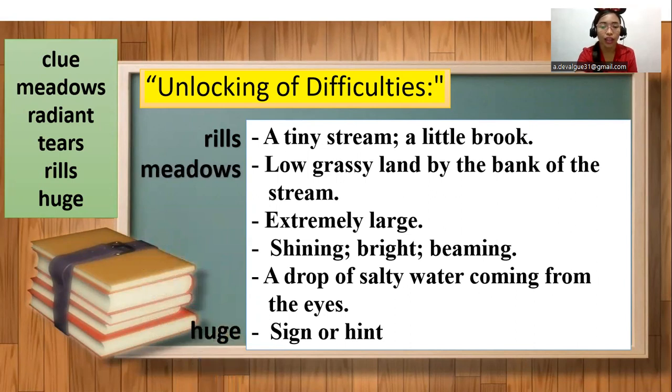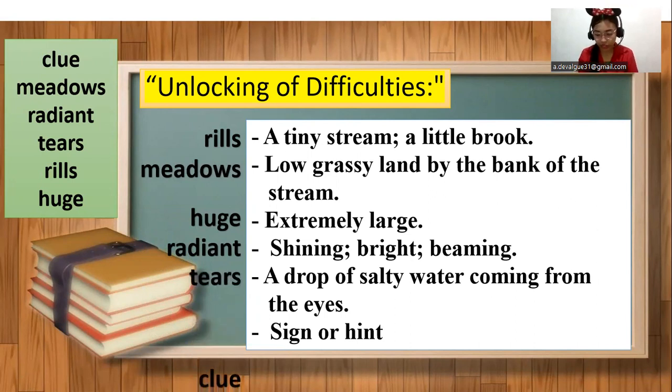Shining bright, beaming. Very good. Yes, radiant. A drop of salty water coming from the eyes. Yes, that's right. Tears. And sign or hint. Very good. So that is clue. Now, do you have any questions with the words here? No more? Okay, that's great.